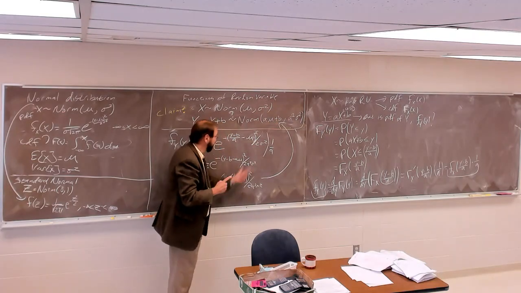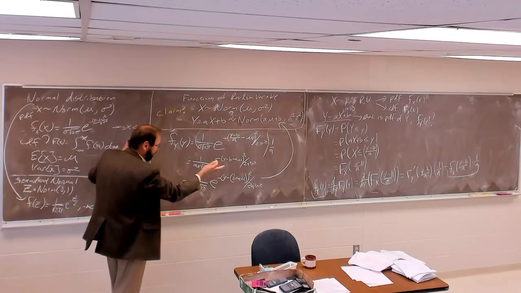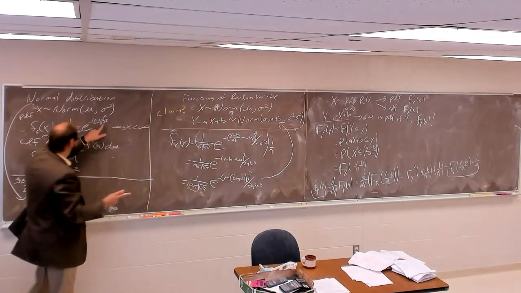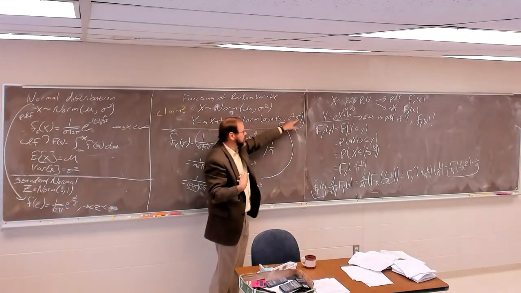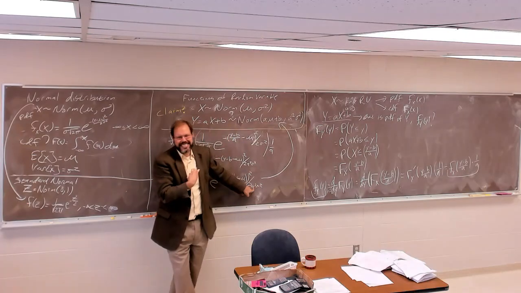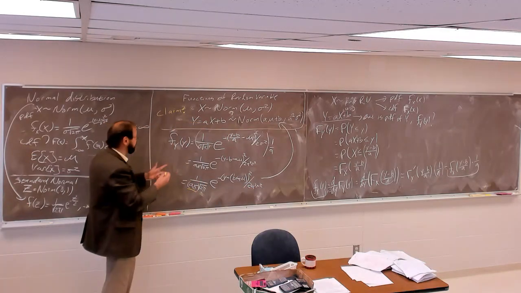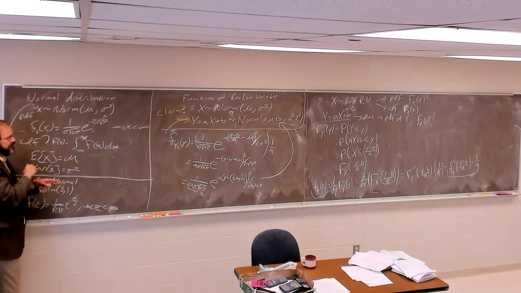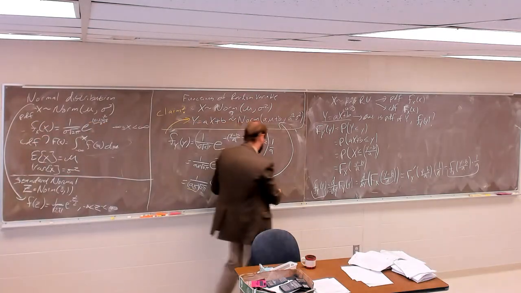So I'm subtracting off that mean. In the parentheses I'm squaring the whole thing, and then instead of dividing by 2 sigma squared, I should be dividing by 2 a squared sigma squared, which is exactly what I'm doing. So yes, this is the probability density function for this normal random variable.